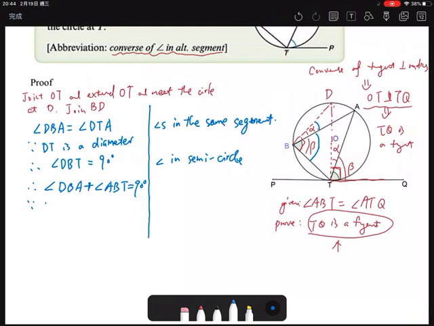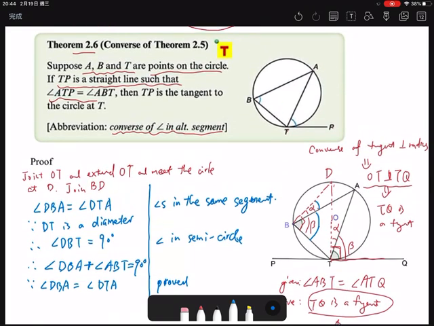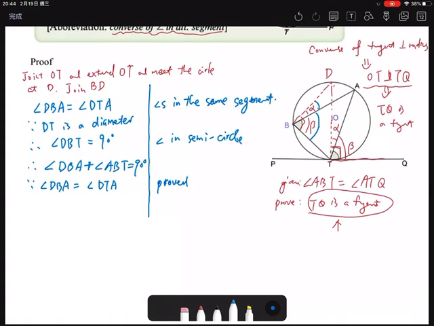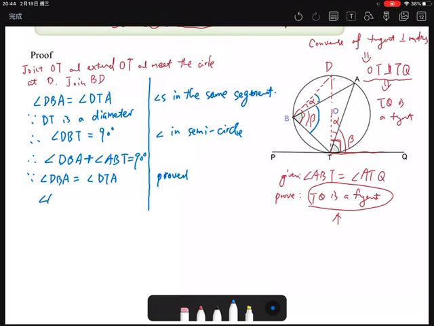Now we use the condition, because angle DBA equals angle DTA, and this is proved. And also the given condition is angle ABT equals angle ATQ, given.